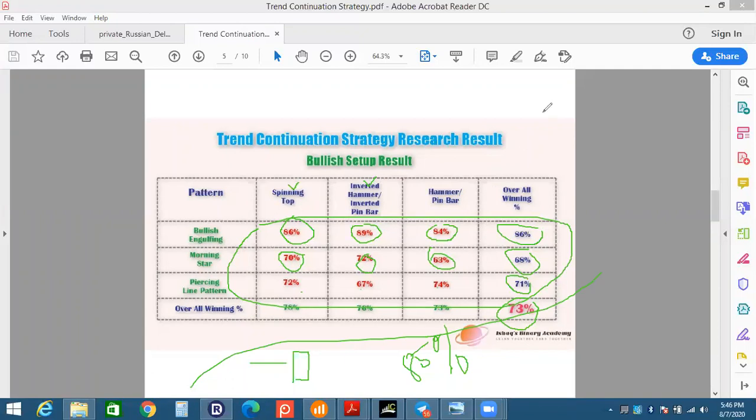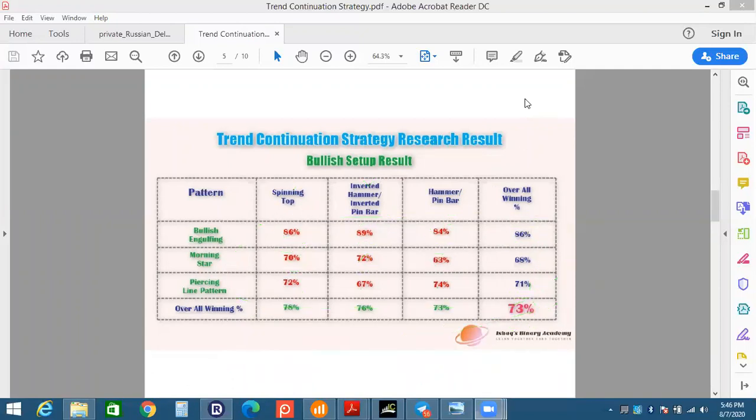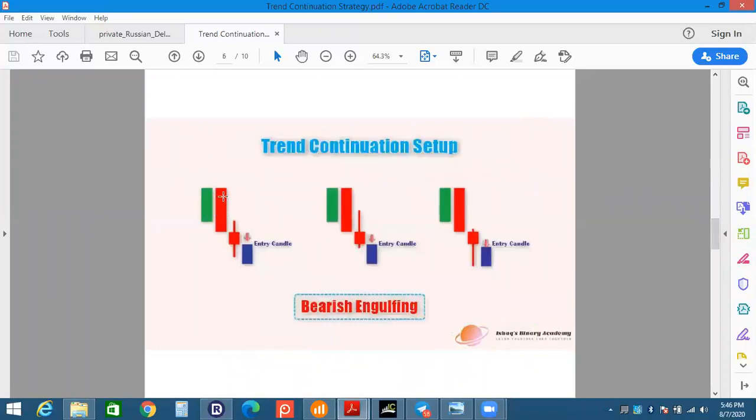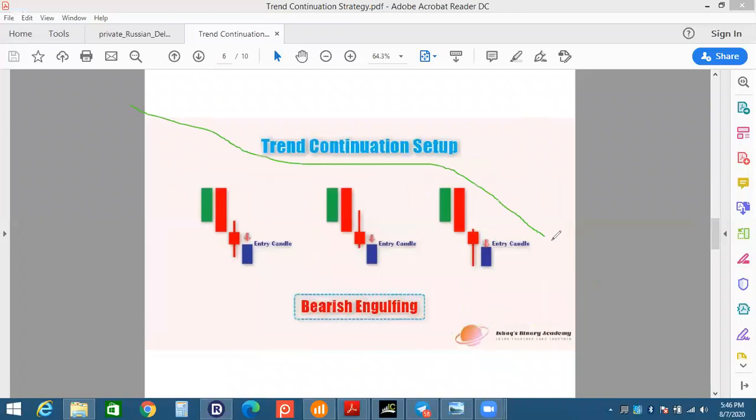Okay, and for the bearish setups, same conditions, just in the bearish trend. Bearish engulfing candle, spinning top, inverted hammer, or this type of hammer. The next candlestick will go down. If you want low risk, then take it below the 50 moving average, and most chances, you will win.